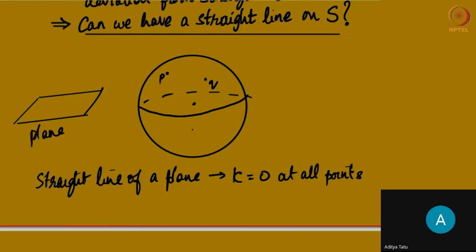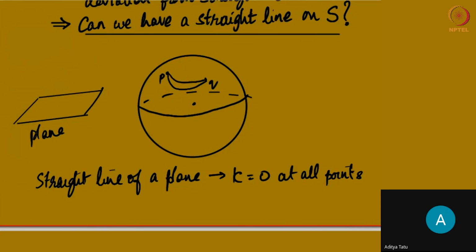So the line which we are drawing here between P and Q, let's suppose, that might be a straight line with respect to the spherical surface, but not with respect to the flat plane. Okay. But then you can have several curves, right? Several lines.